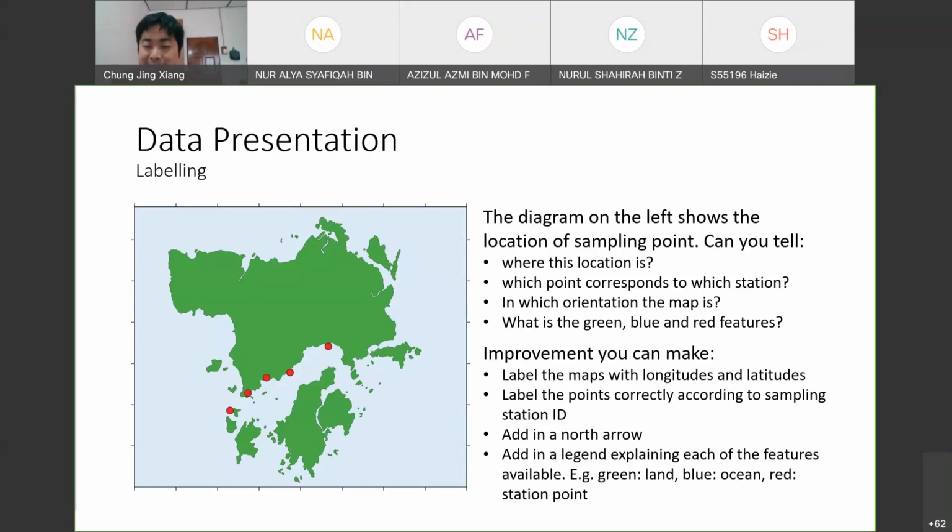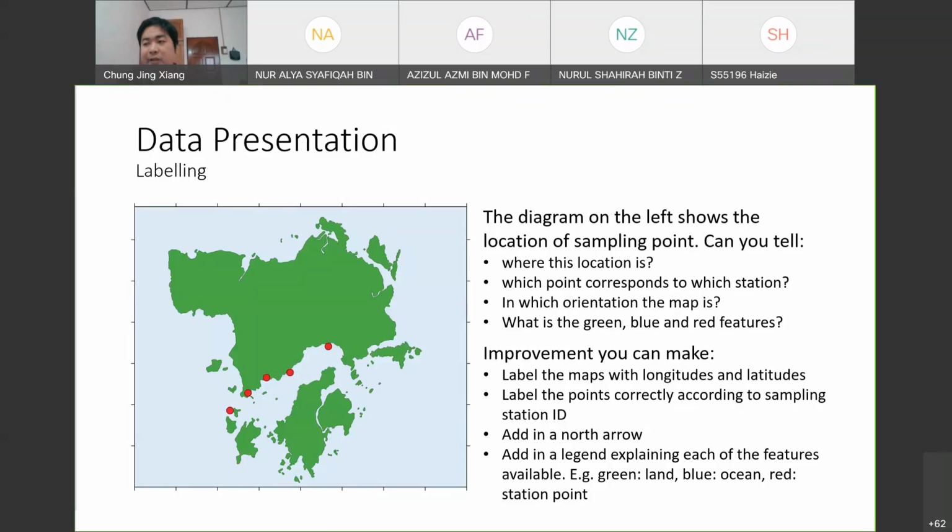Or even better, you can provide another small map, let's say a Malaysia map, and you box out where this location is, let's say over the Langkawi area. You tell them this box area is the study area, and this map is the study area showing sampling points. But for the bare minimum, you label it with longitude and latitude.